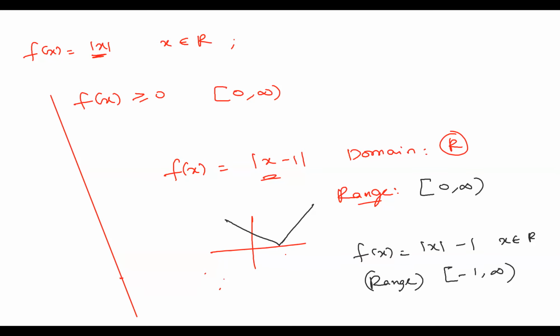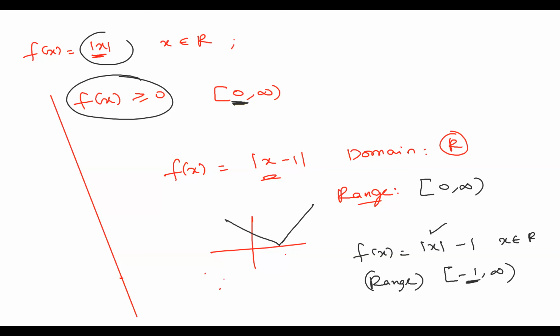What is the least value mod can take? That is why the basic definition is very important. The least value that a modulus function can take is 0. So take the least value and substitute it here. Putting 0, f of x comes out as -1. So the least value of mod x minus 1 is -1, which is why -1 is written here. And the highest value is always infinity. Did you understand these three?